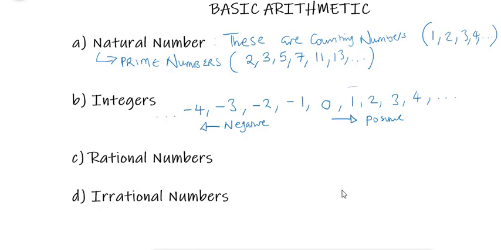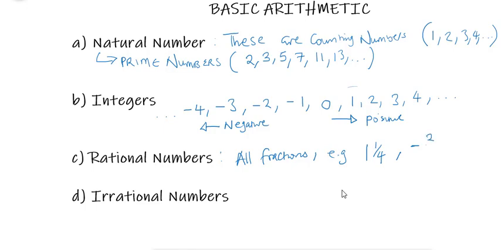Those numbers are integers. And then for rational numbers, all fractions are rational numbers. Since it includes all fractions, examples that we can have are 1 over 4. This mixed fraction here is a rational number. We can even have negative numbers.